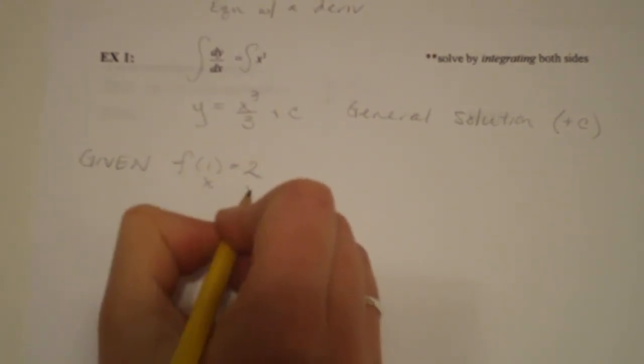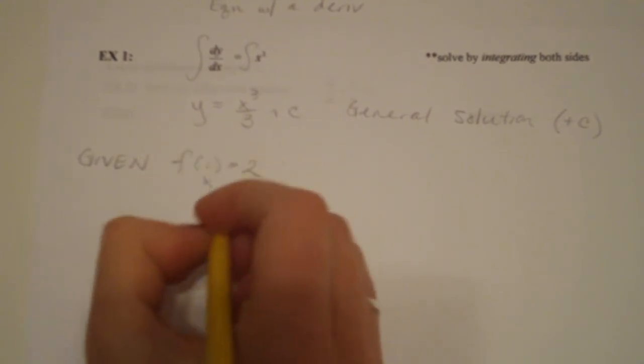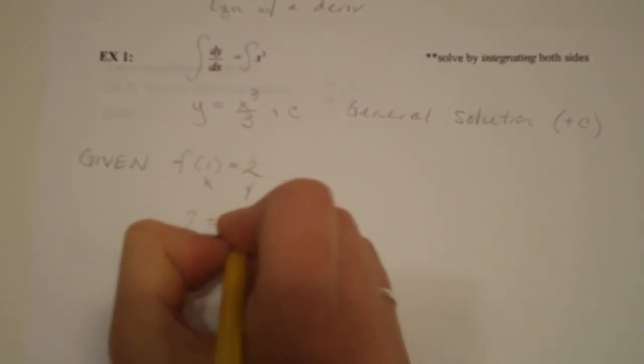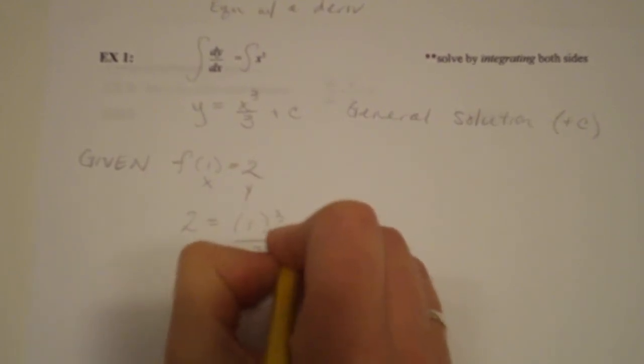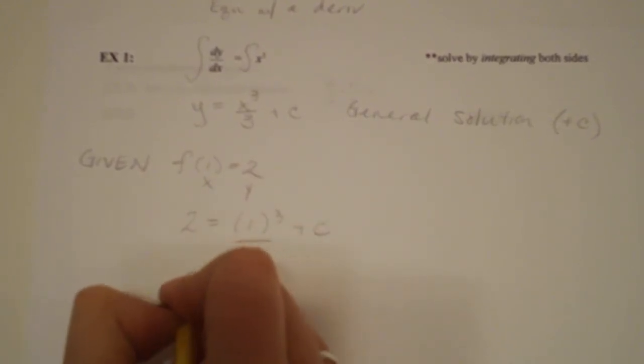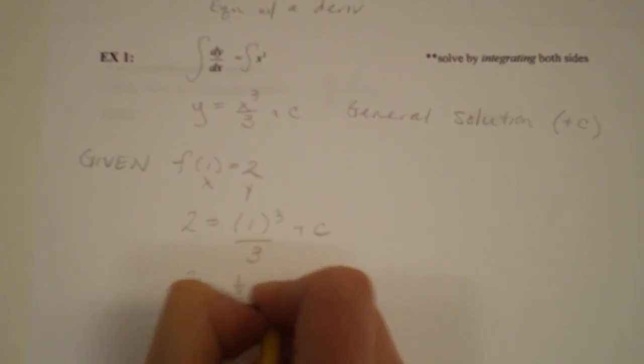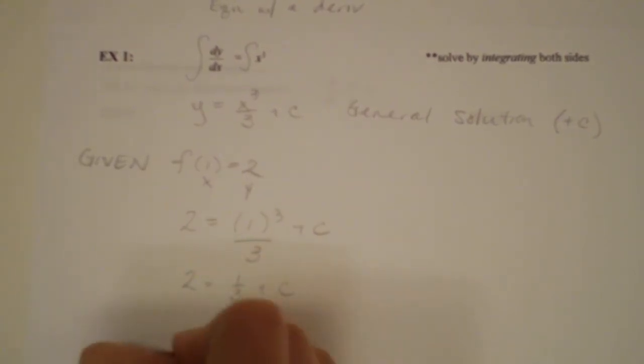So this is x, this is y. So what I know is that 2 is equal to 1 to the third over 3 plus c. So 2 is equal to 1/3 plus c. Therefore, c is equal to 5/3.